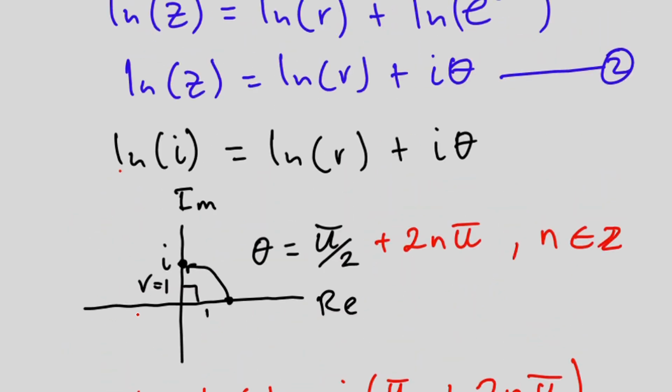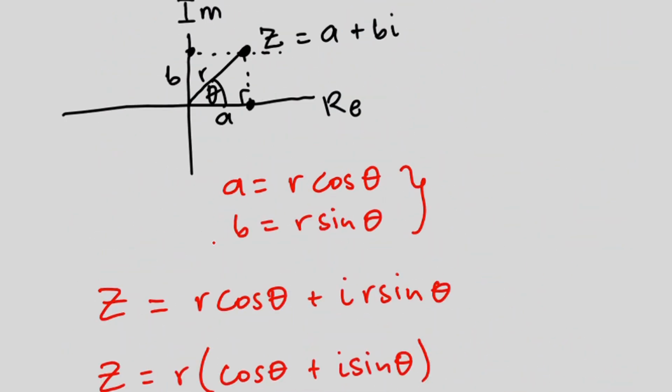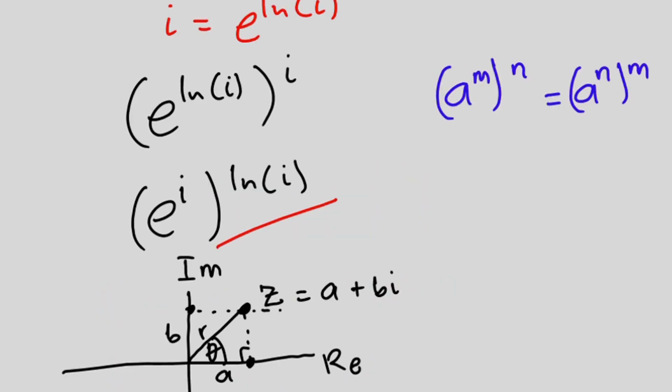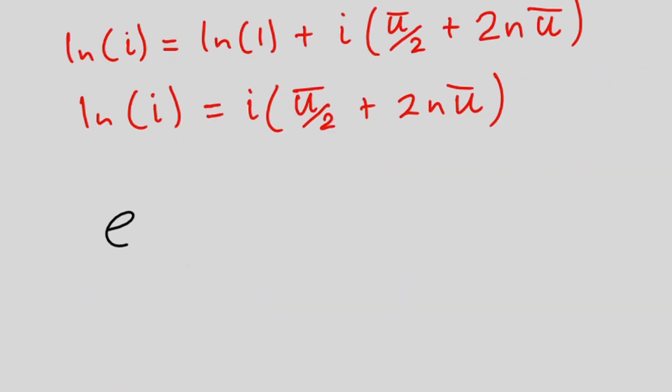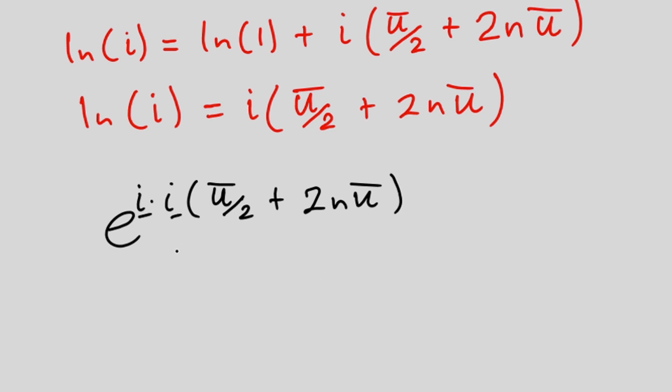So let's go ahead and then replace it into our main problem right here. So we're going to have e to the power i times the whole of this one. That is i times pi over 2 plus 2n pi. Now we can simplify this further. i times i, that is -1.